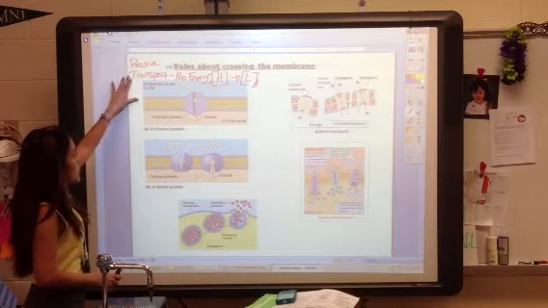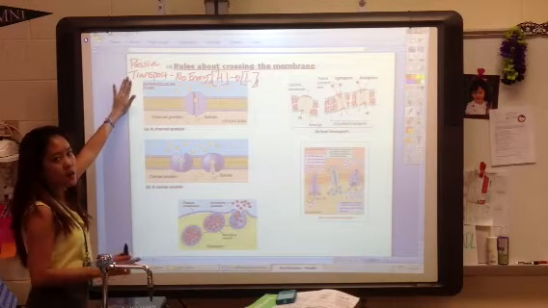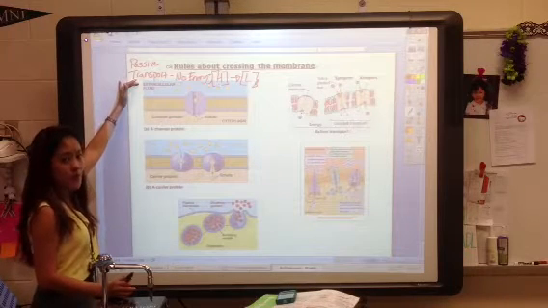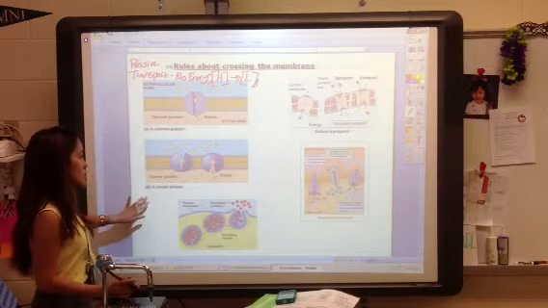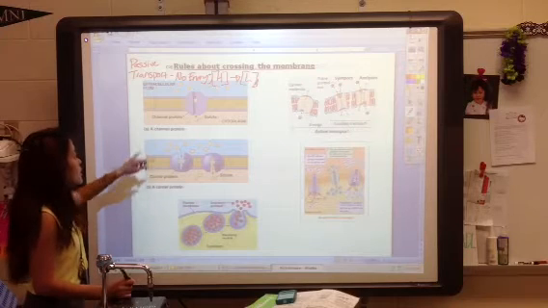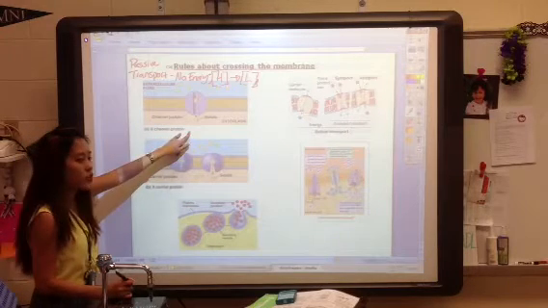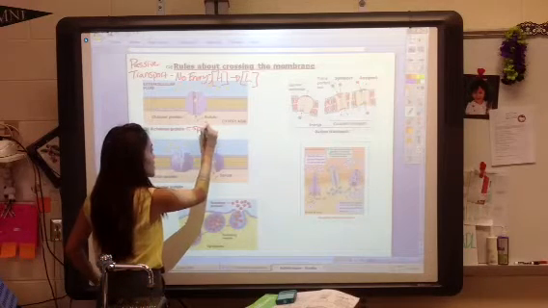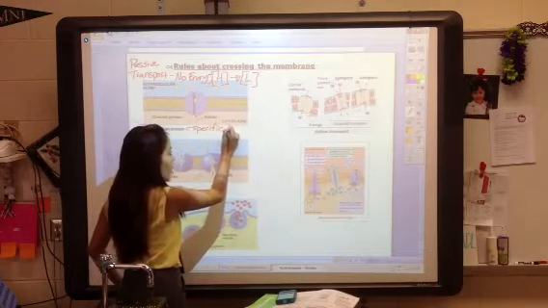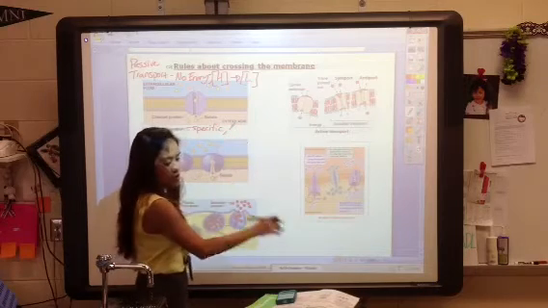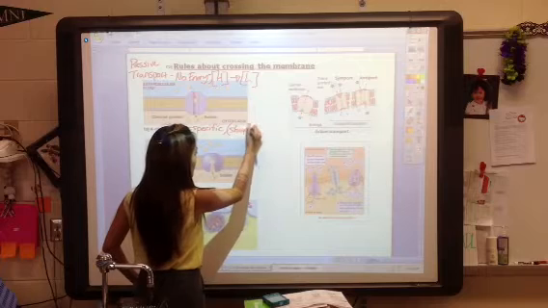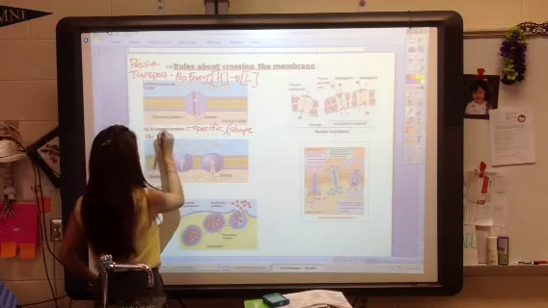Some proteins are also involved in passive transport. Diffusion is a form of passive transport, but there are also some proteins that assist. First we have channel proteins. All proteins are specific with their shape and charge.